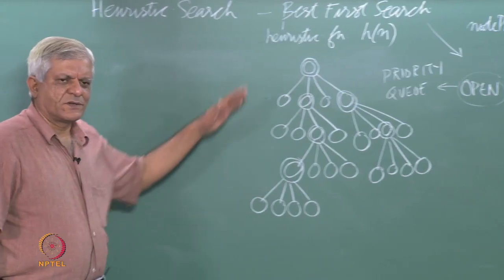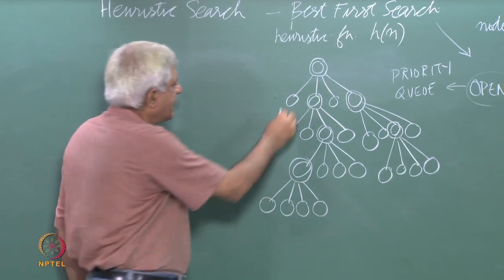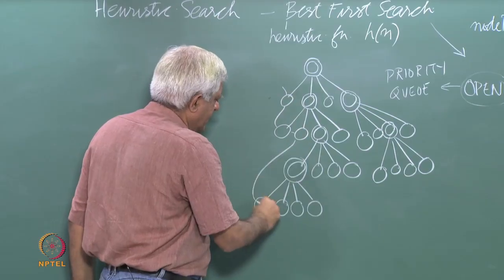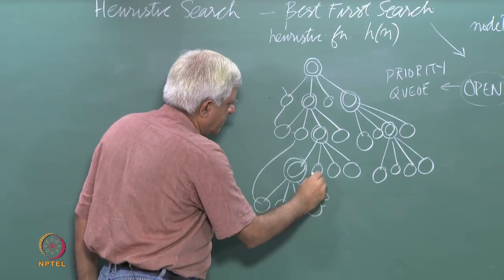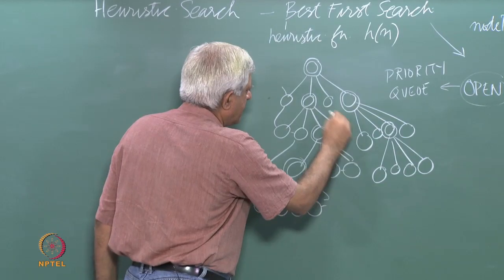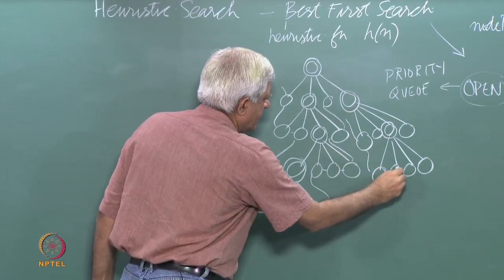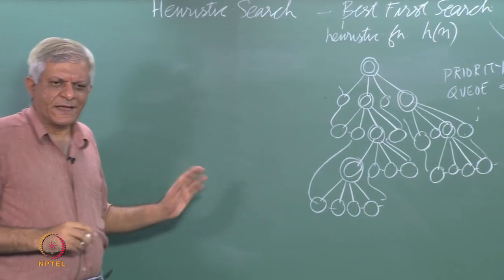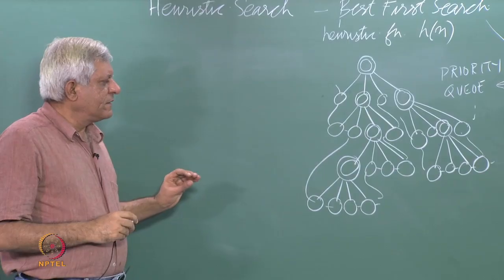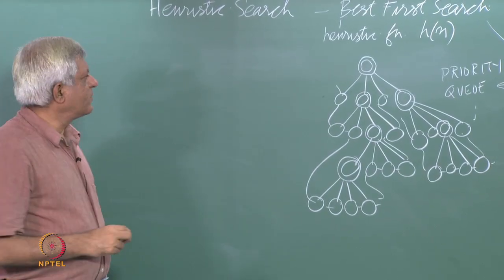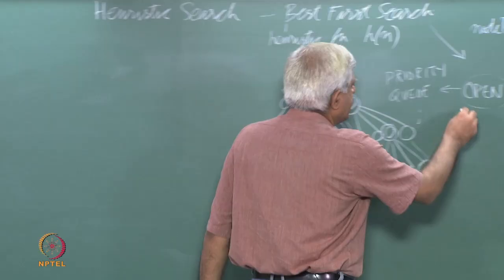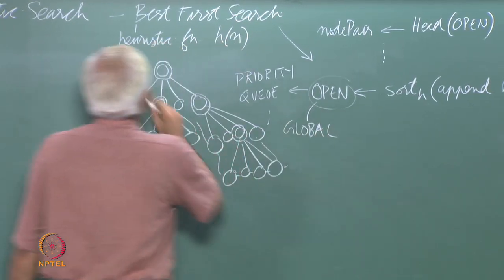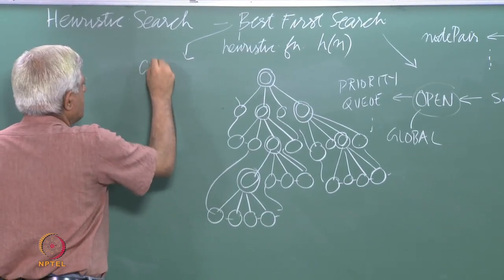So, the search can jump around the state space, and this entire list of nodes is essentially the open list, if you can make this out. The open list is a list of all possible candidates that it has generated, which could be inspected at some later point of time, and it is a global list, and best first search is a global search algorithm.